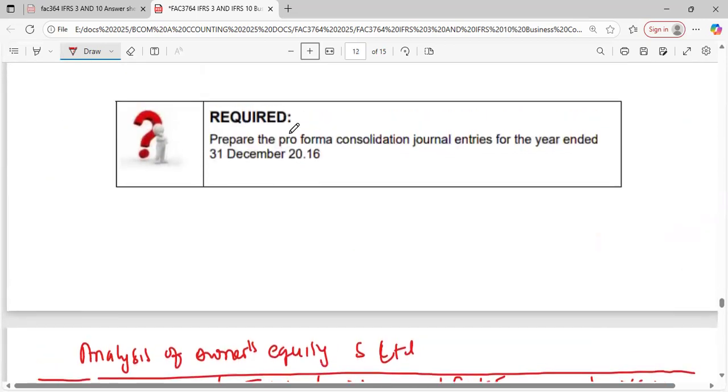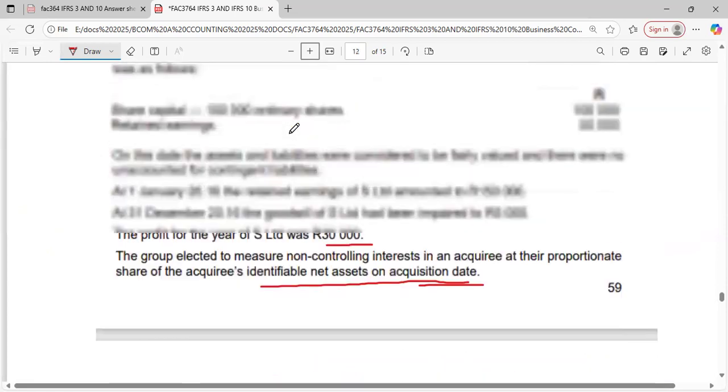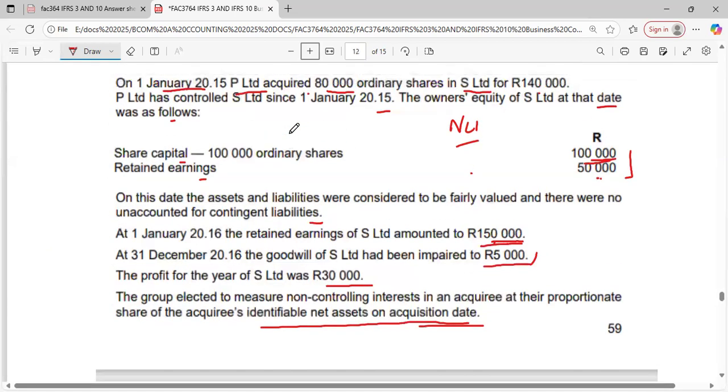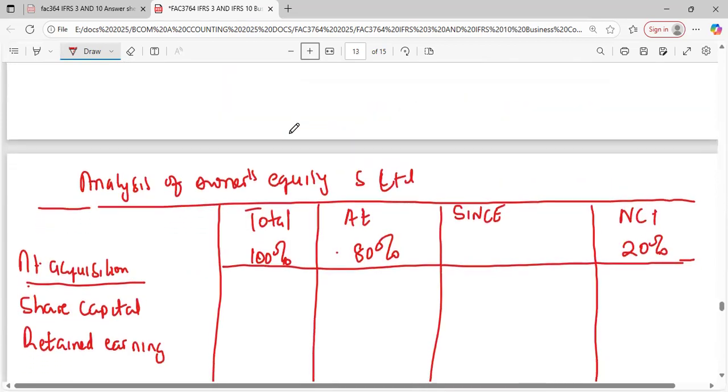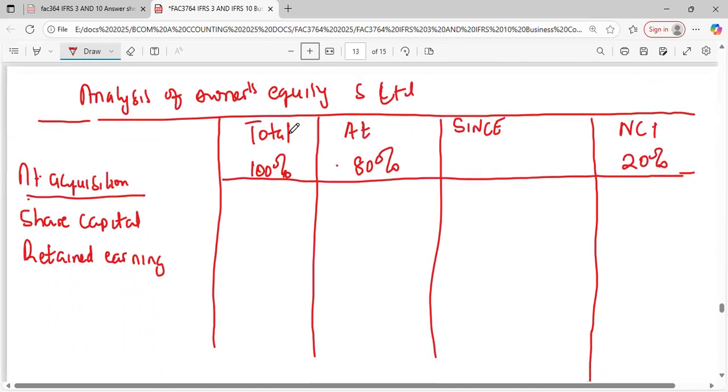Which is how much here? The equity of the subsidiary at acquisition is 100 share capital and 50 retained earning. That's the equity at acquisition. So this is 100% equity, which is 100,000 here and 50,000 here.